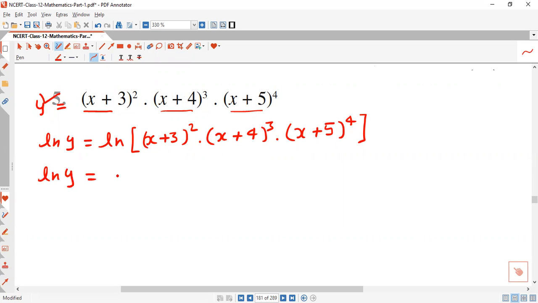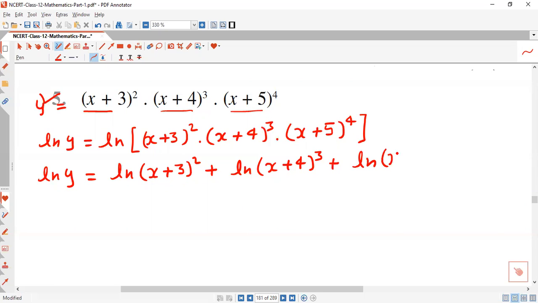Separate these terms: first term, second term, third term. So log of x plus 3 squared plus log of x plus 4 cubed plus log of x plus 5 raised to 4.